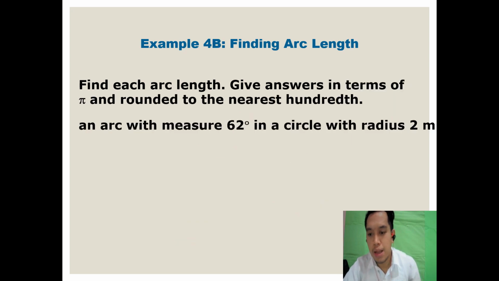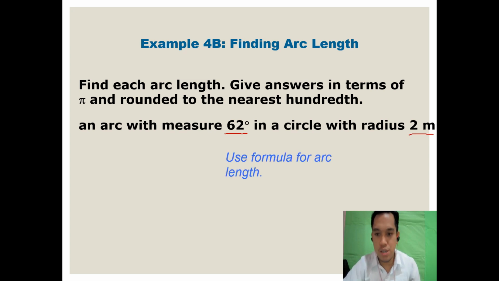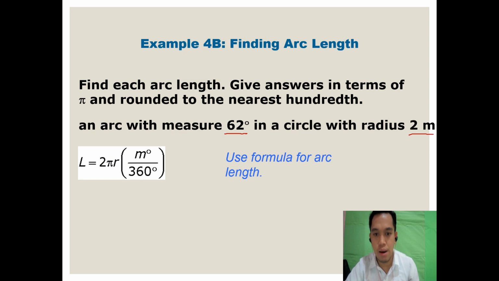Okay? So, another example. Find each arc length and give answers in terms of pi and rounded to the nearest hundredth. So, an arc with measure 62 degrees. So, ibig sabihin, ito yung ating M. Then, the radius is 2 meters. Ito yung ating R. So, use formula for arc length, which is L equals 2 pi r times m degrees over 360 degrees.